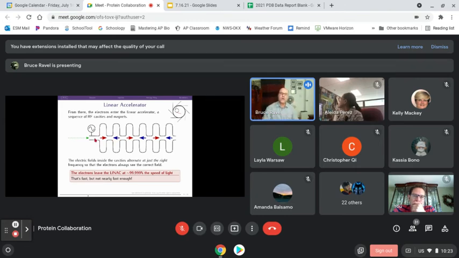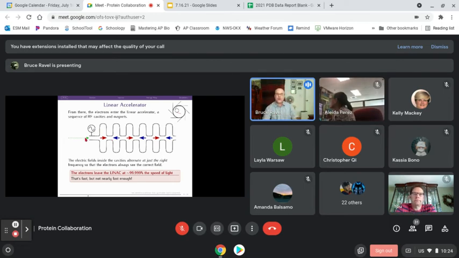This is a problem because the electrons will go through the first cavity and get accelerated, but then they'll hit a wall in the second cavity because the electric field is pointed in the other direction. And instead of speeding the electrons up, it will want to slow the electrons down. So the trick here is to put an alternating signal on this device so that as the electrons pass through, the electric fields keep switching direction.